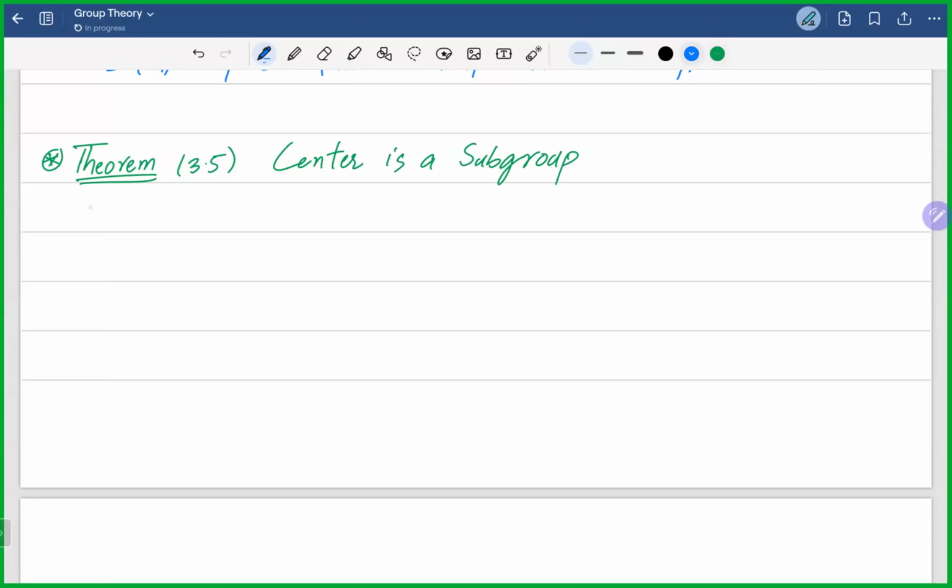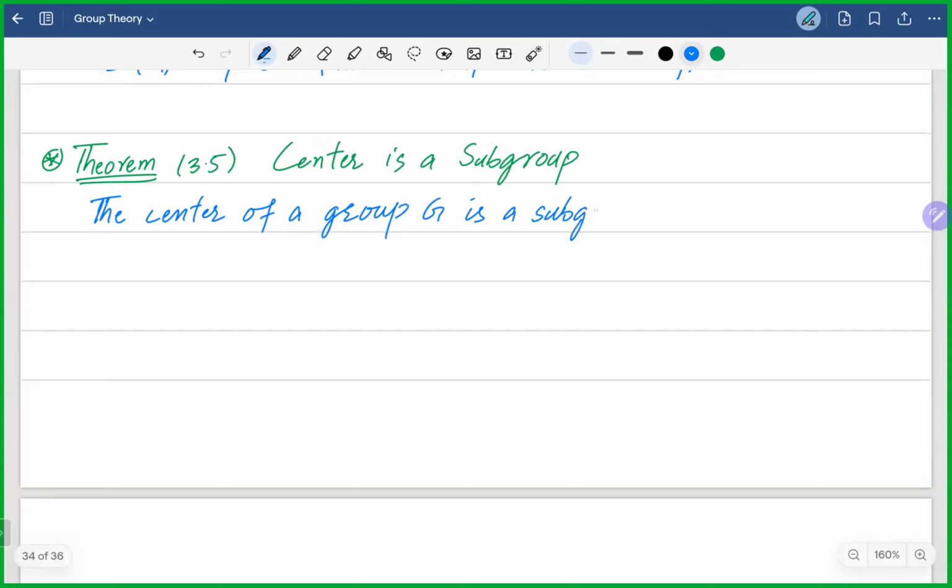The statement is: the center of a group G is a subgroup of G. Though it's a long proof, I want to present that proof.